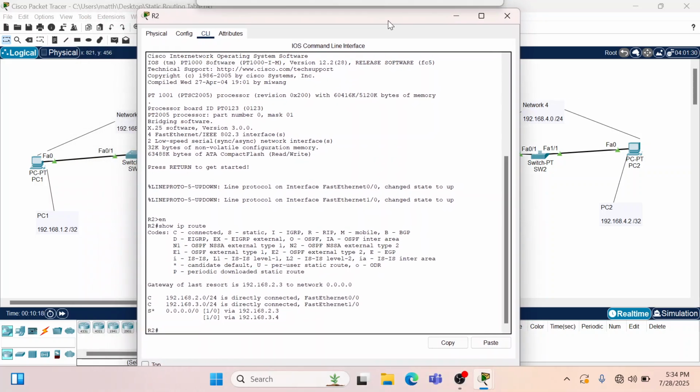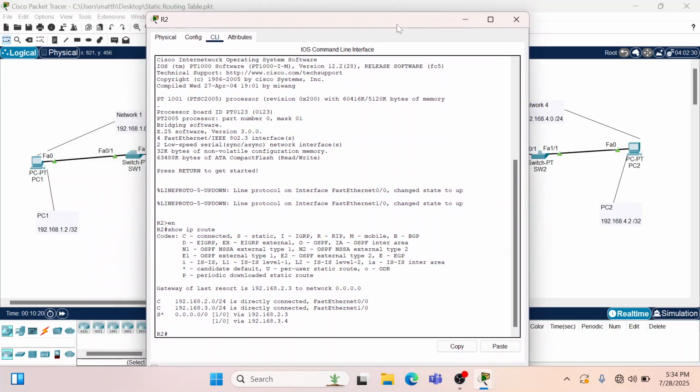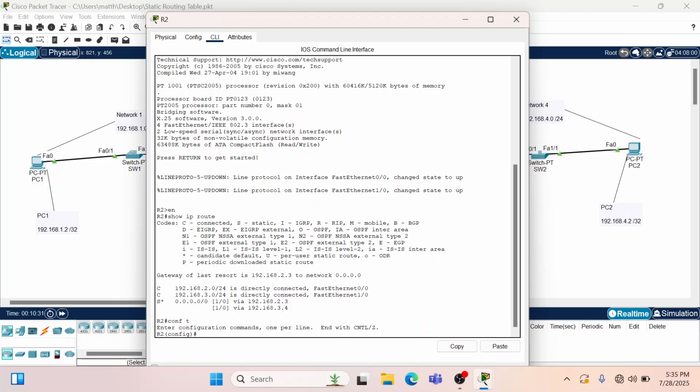But it doesn't know in either direction what the next hop would be. So we need to configure that. Let's go back into global configuration mode, and let's set traffic back to network 1 first.